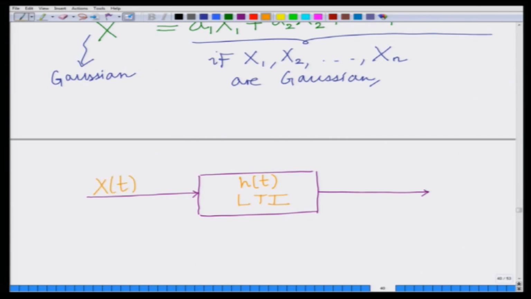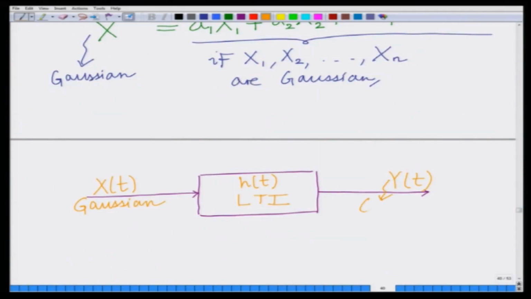Then if we input a Gaussian random process to it, and look at the output random process y of t, the output y of t is naturally a Gaussian random process, because the linear time invariant system is a linear system.